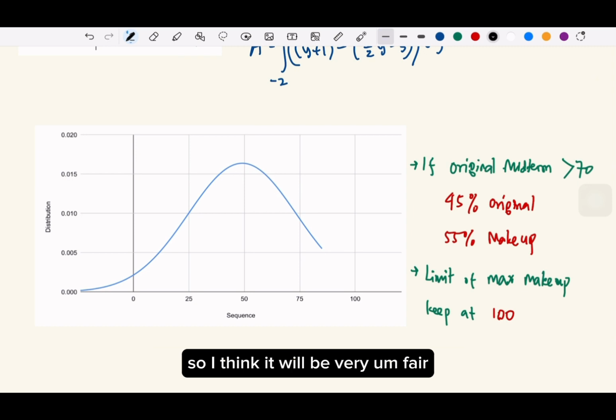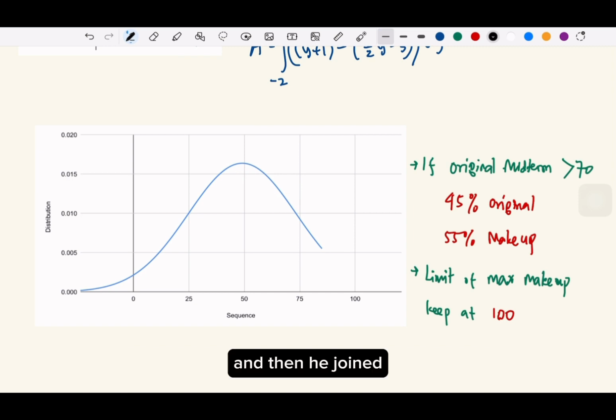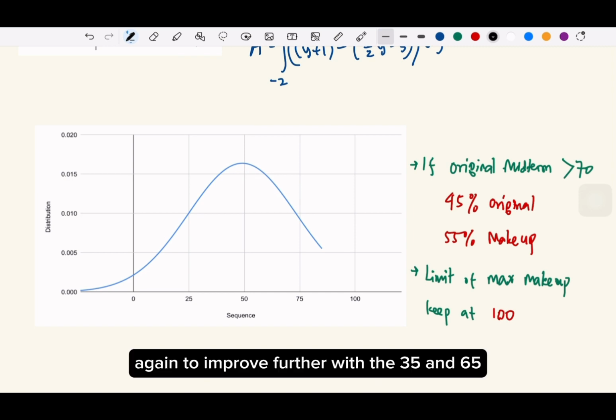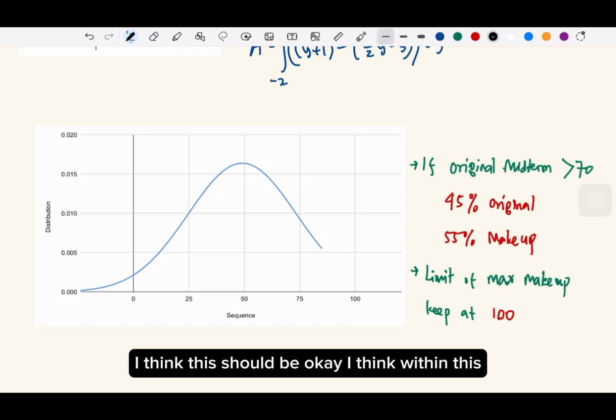I think it will be very fair, especially for those who already went up in the original, maybe he has already 80, and then he joined again to improve further with the 35 and 65. I think that's not fair, right? So I believe to make the curve fit with the normal curve, this should be okay.